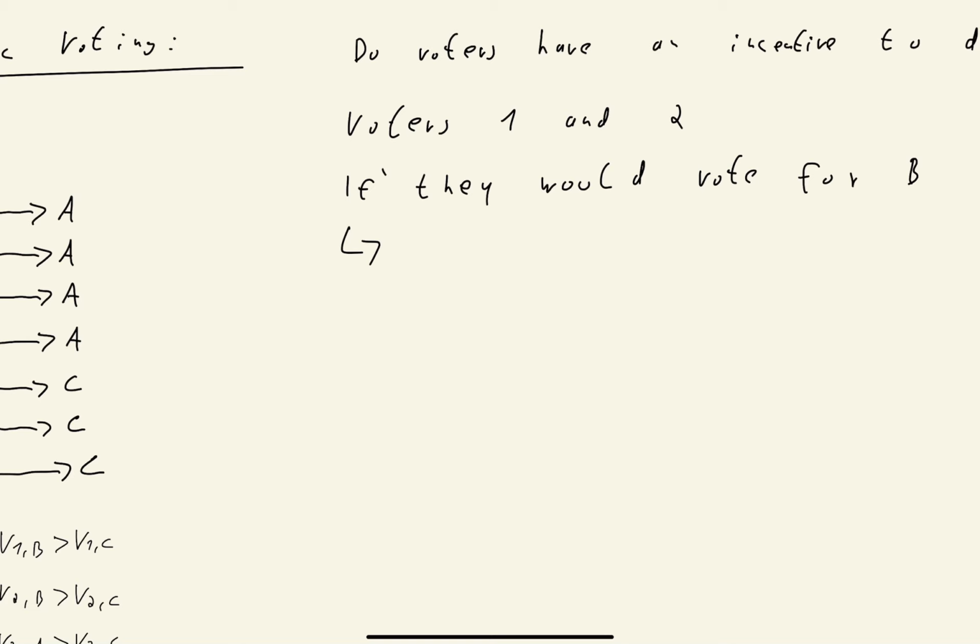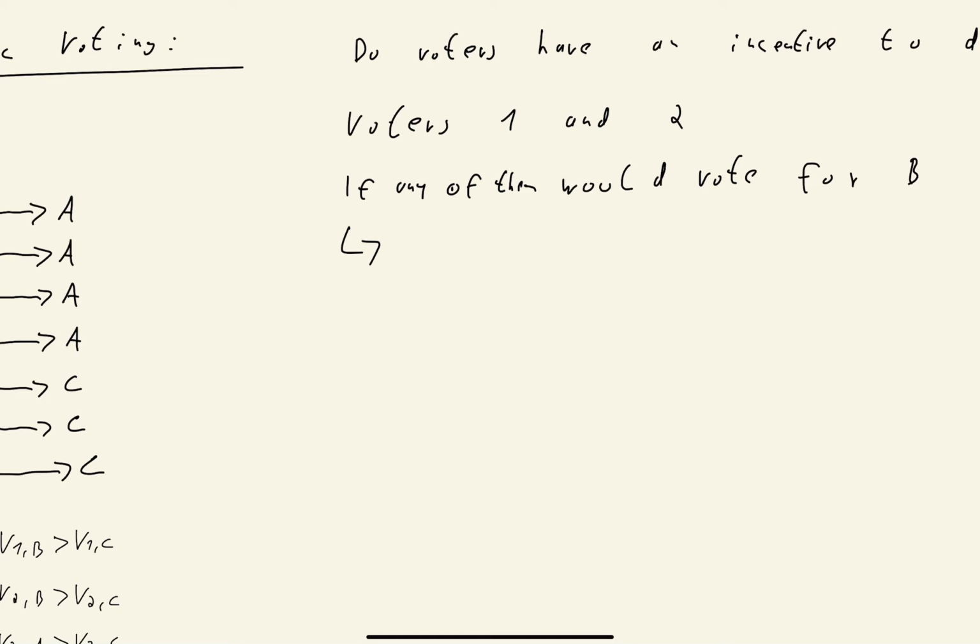So let me just be precise. If any of them would vote for B, they're not coordinating. So this is non-cooperative game theory here.